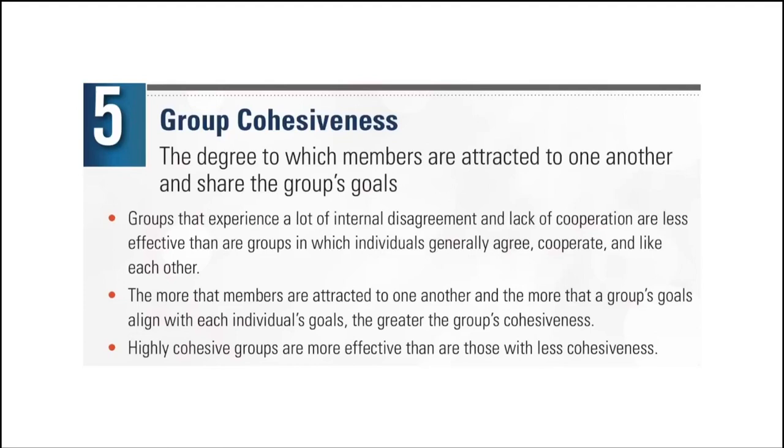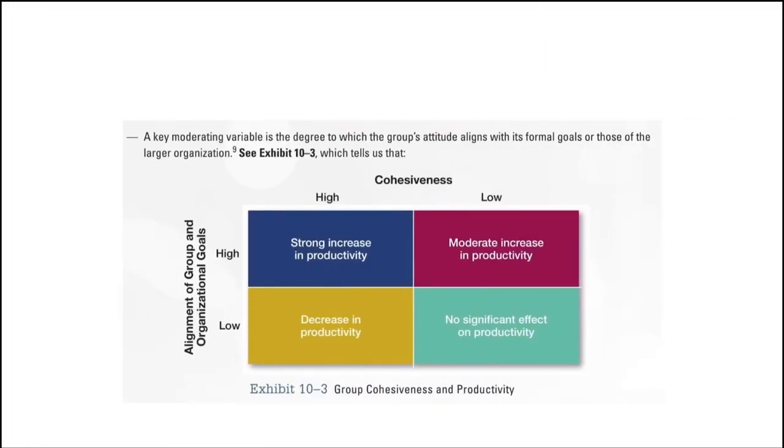Members are attracted to one another, not emotionally or sexually. It means the commonality in your mind, you share the good ideas, we think the same things. That is what attracted to one another means. Okay, and highly cohesive groups are more effective than those with less cohesiveness. Obviously. If you're not compatible, why be friends with them? So we find other members so that we can finish our work quickly, and they also understand our problems. Okay, that is group cohesiveness.